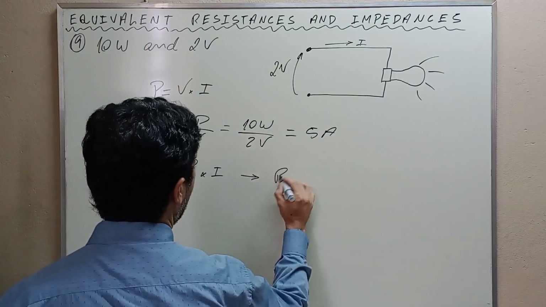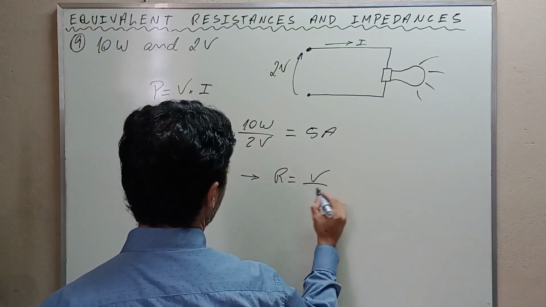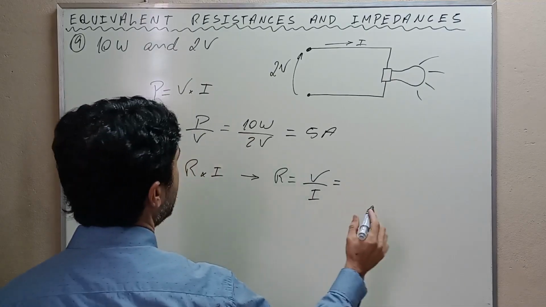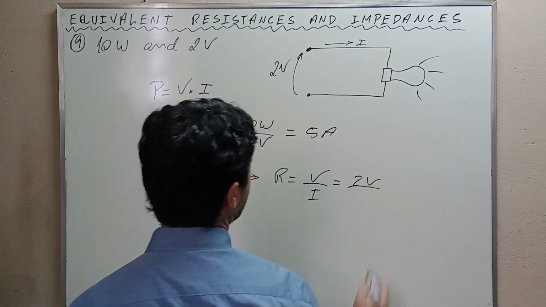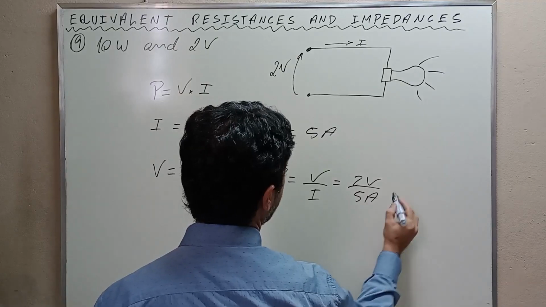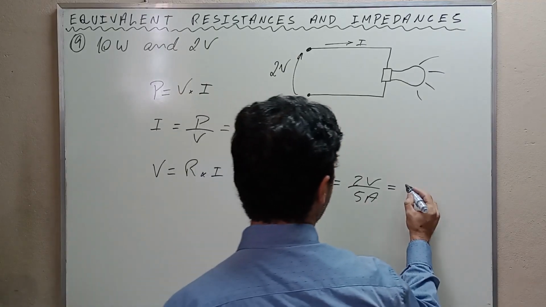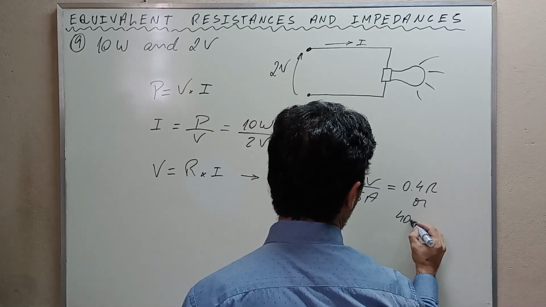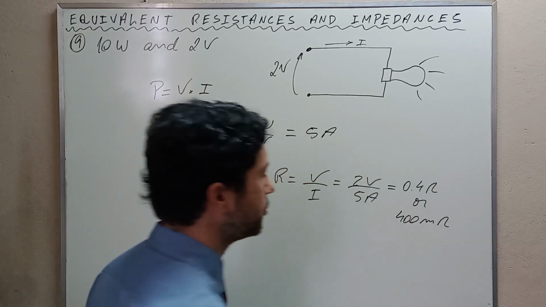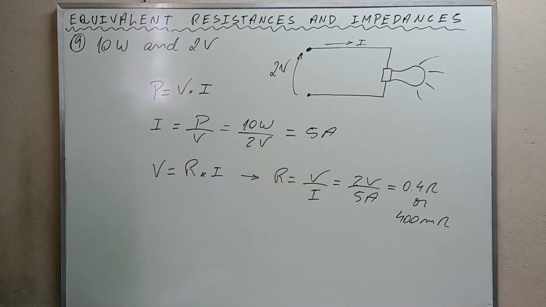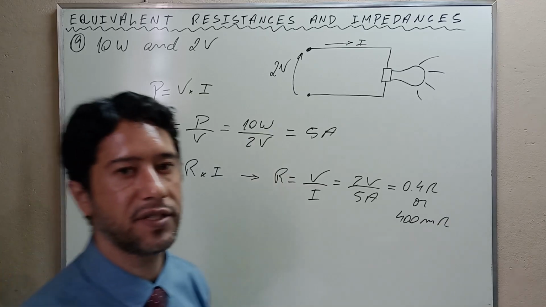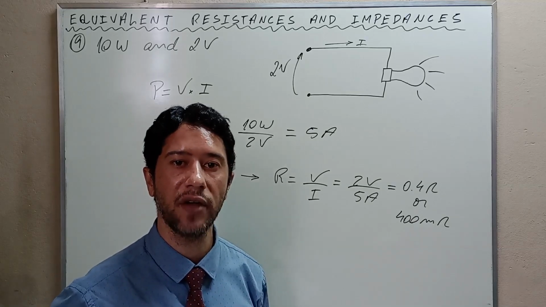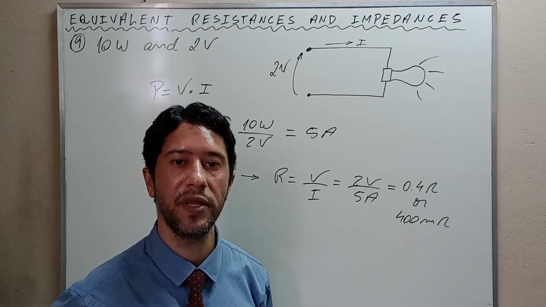R is equal to V over I, the voltage is 2 volts and the current 5 amps, and this is equal to 0.4 ohms or 400 milliohms. And this is the solution of the exercise, very easy, and it is all for the discussion of exercise number 9. Let's go to the next. Let's go to exercise number 10.